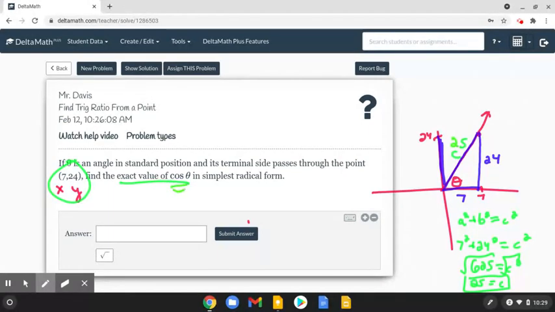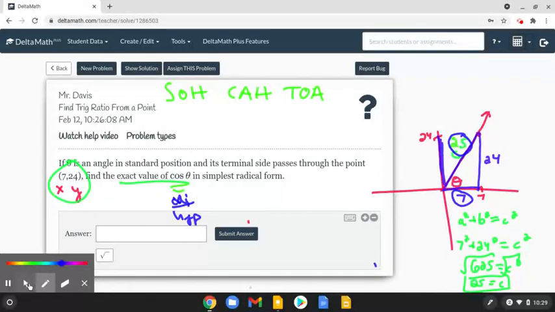So let's think about, well, we're asked to find the cosine. You might want to write out SOHCAHTOA. I know I always do. It helps me to see it visually. Cosine is the adjacent over hypotenuse, right? So adjacent is going to be 7, hypotenuse is 25.